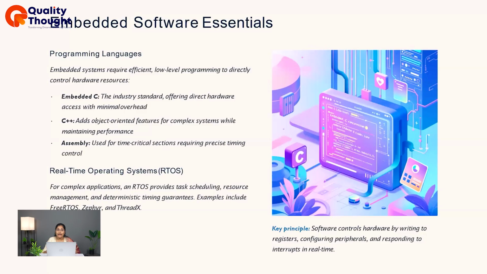So if you have a basic idea about C, it will be easy to understand embedded C. It is an industry standard language. Then there is assembly language, and you need to know how to connect and how to dump the code into the actual hardware.